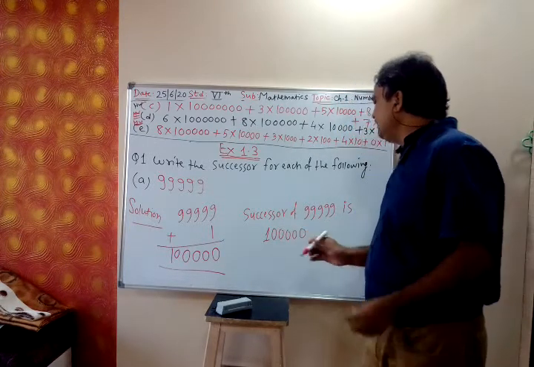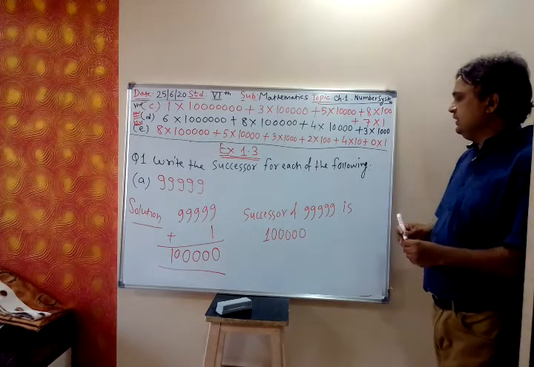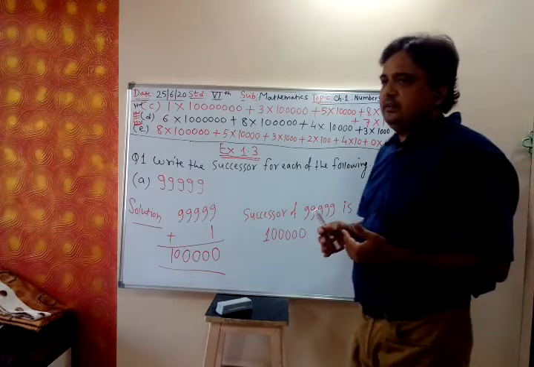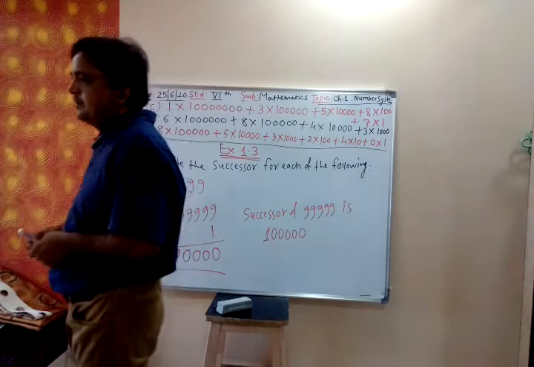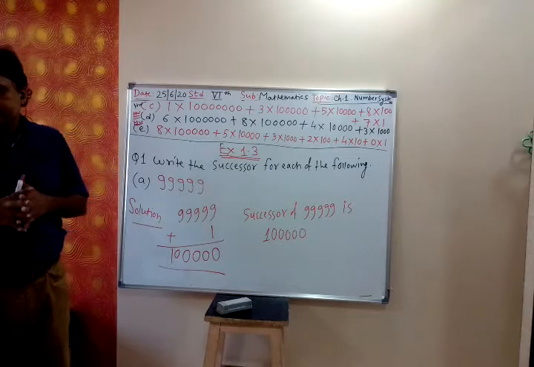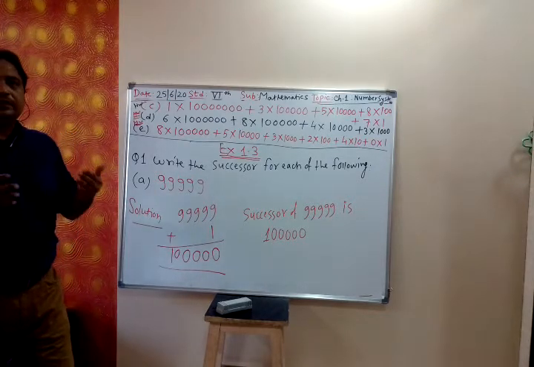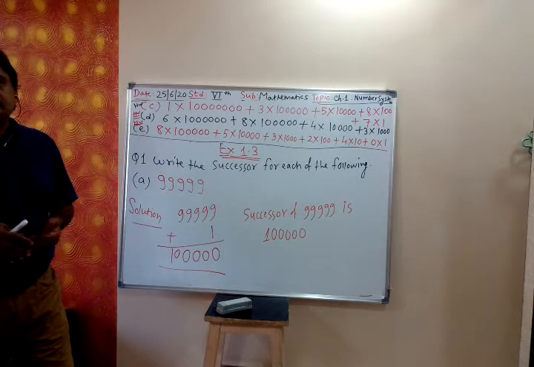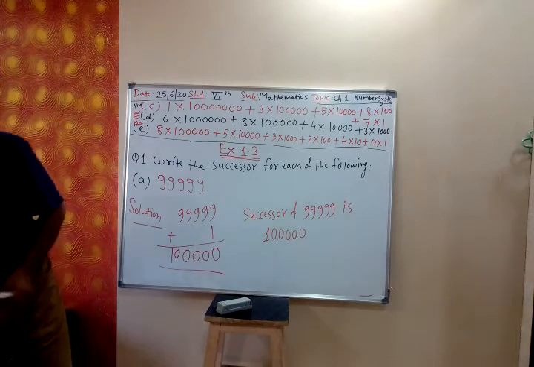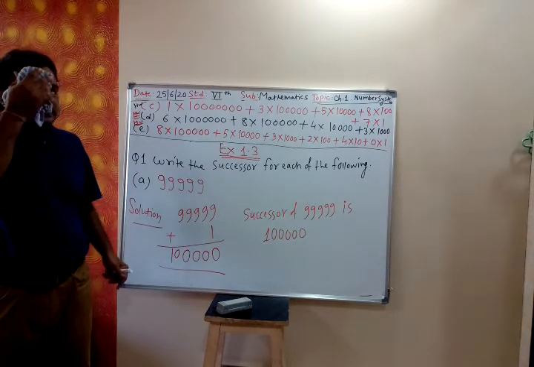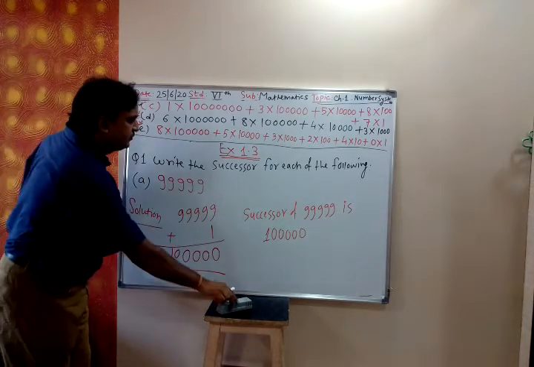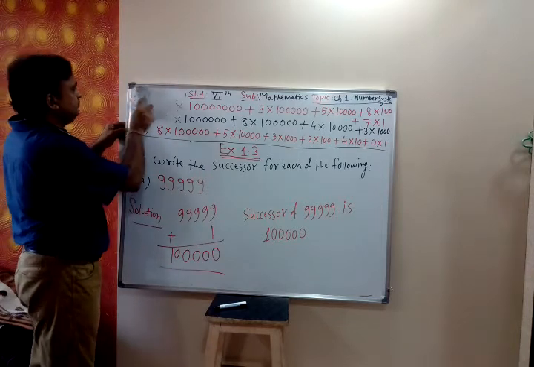Successor means just after or immediately after that number. Have patience. For successor, we add 1 to the number and we get the successor. Now let us solve the other parts B, C, D.